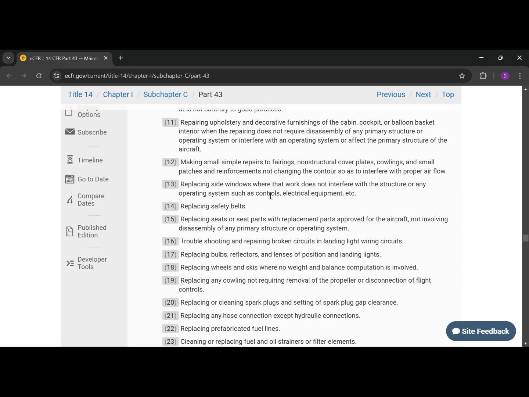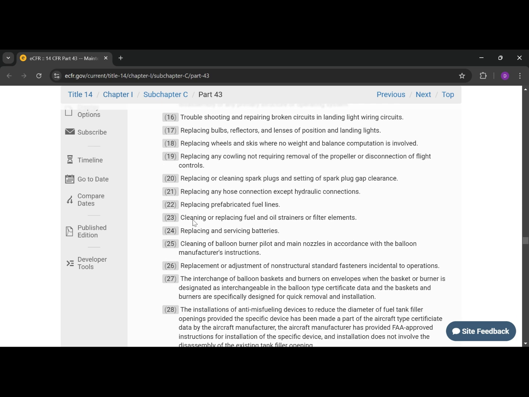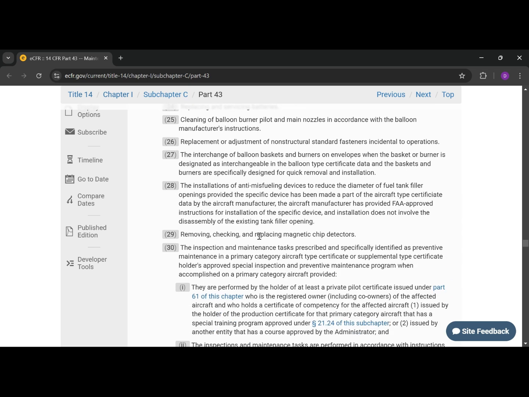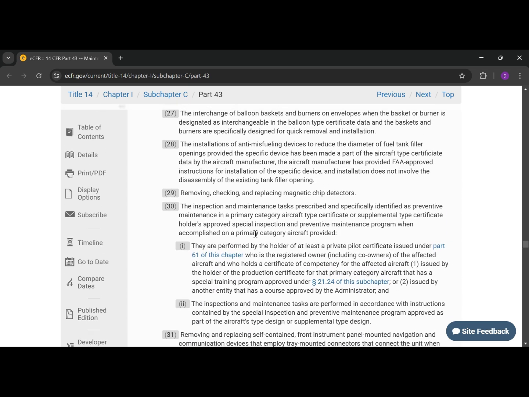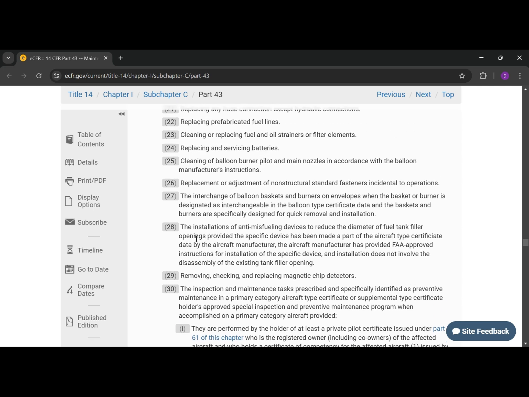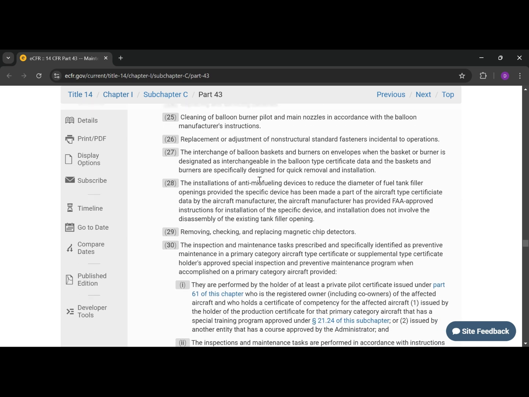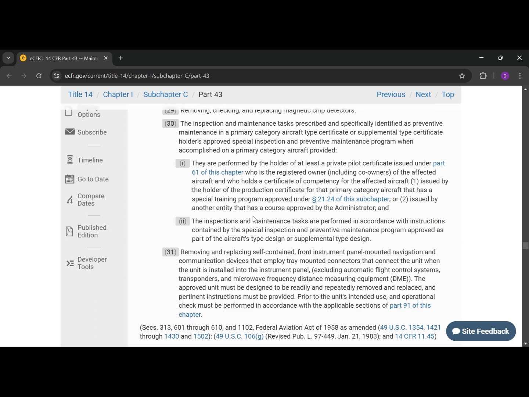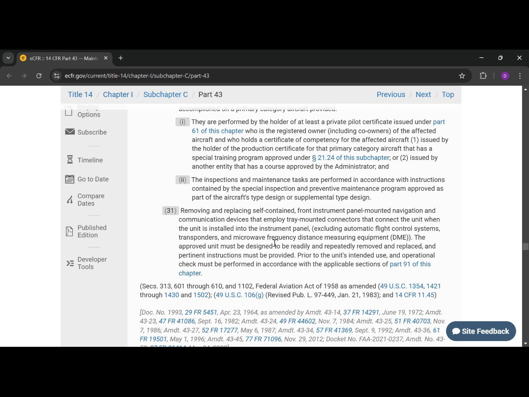They're very simple, like replacing safety belts, replacing prefabricated fuel lines, replacing and servicing batteries, just basic stuff that doesn't require complex assembly. All right, let's see what we do need to read here. That's still preventative maintenance.